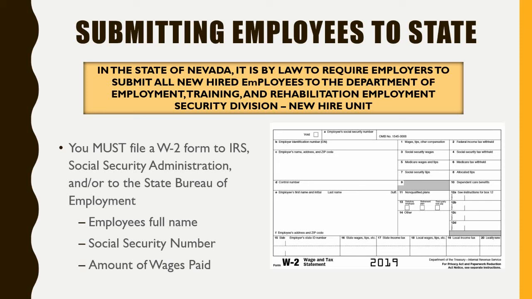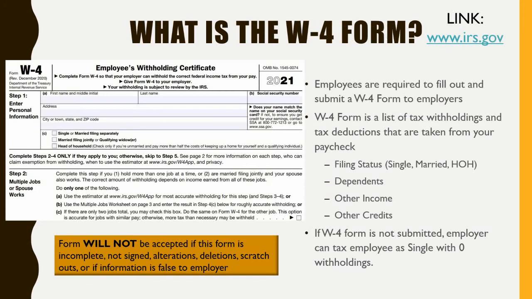Once you've done that and they're finally in the system, we are going to take a look at collecting W-4 forms from your employees. W-4 forms are very important because this is what you collect from your employees as an employee submission. This tells you how they want to be taxed.